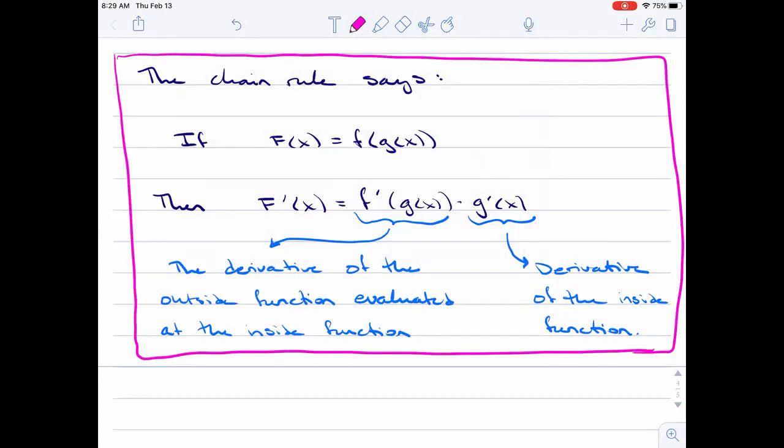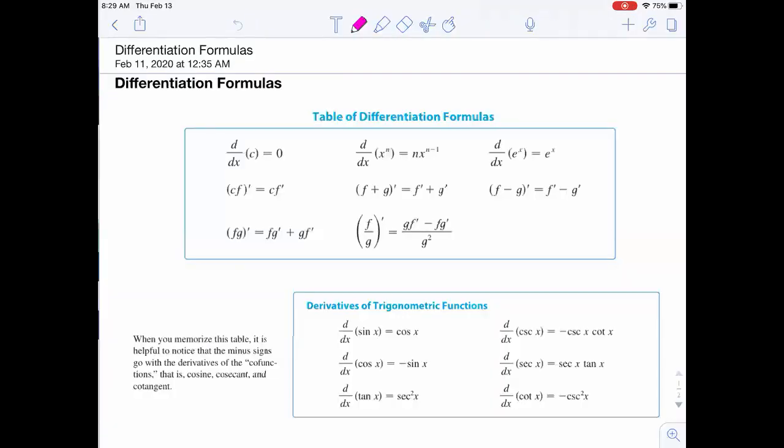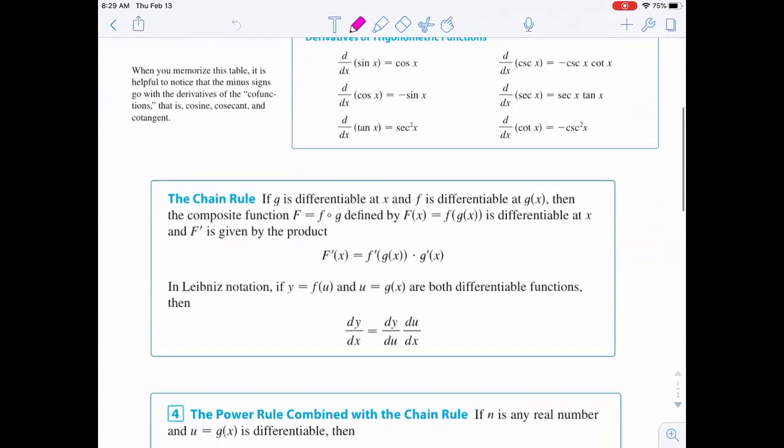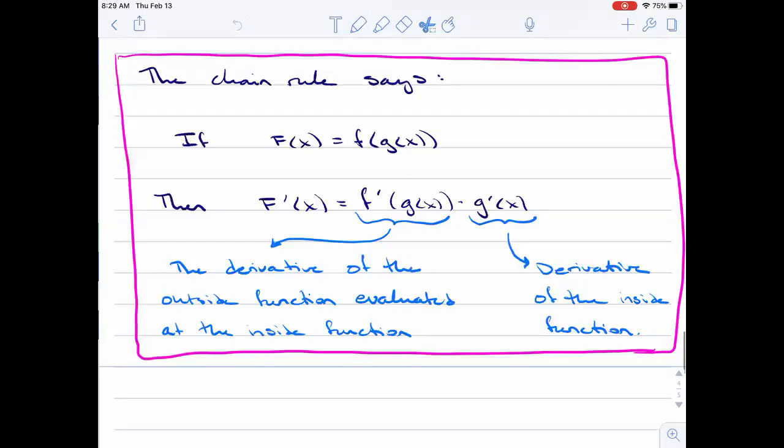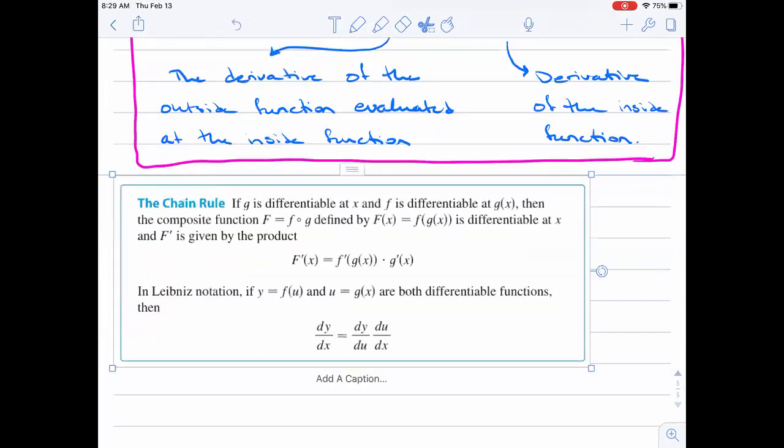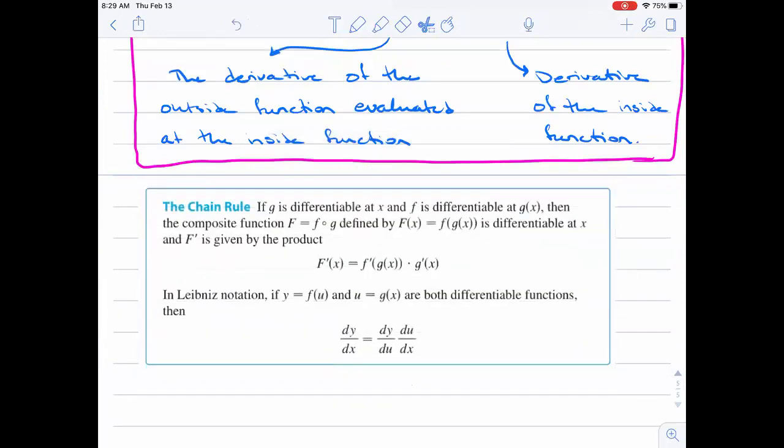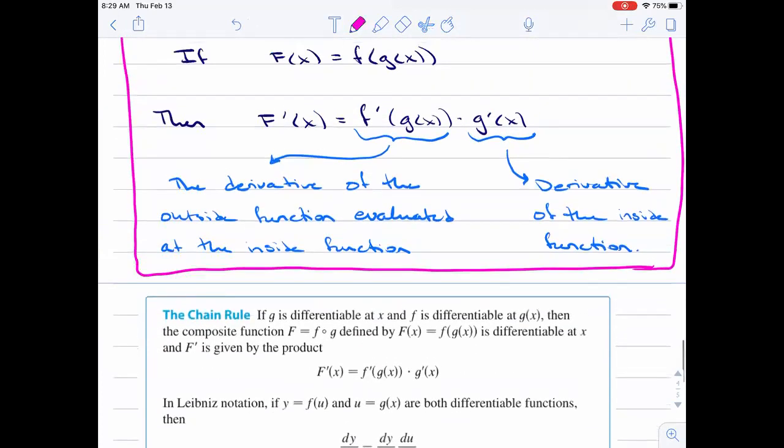I'll steal it from the handout just so we have them here. Because this is the official version, but we've just got a summarized version.